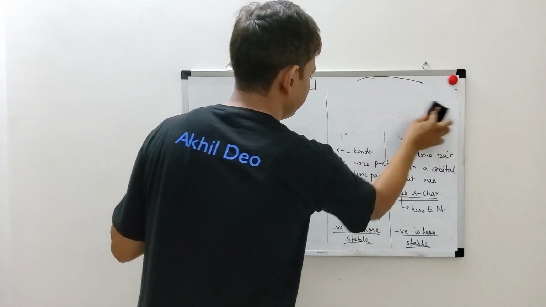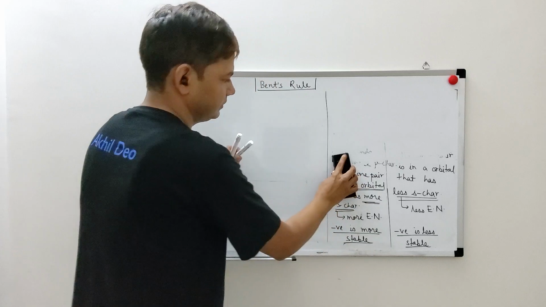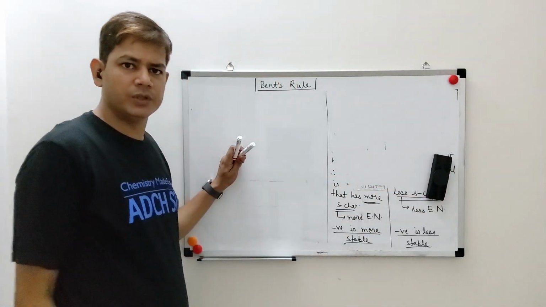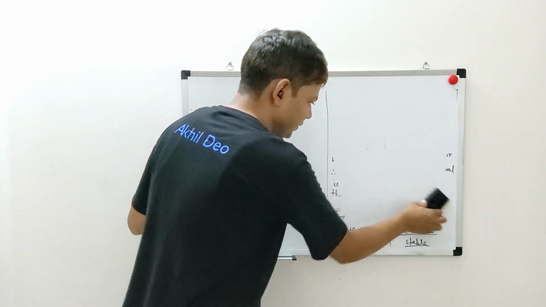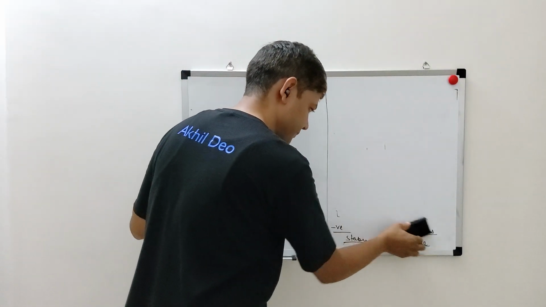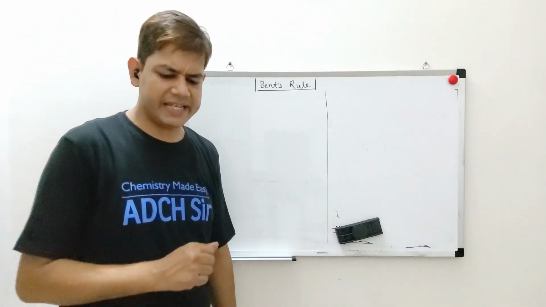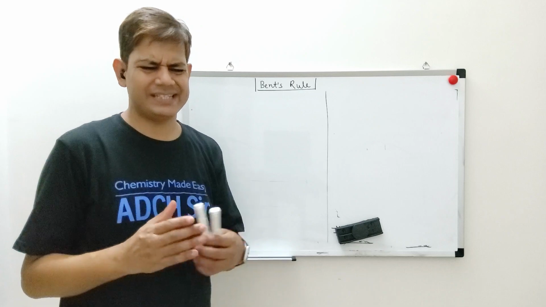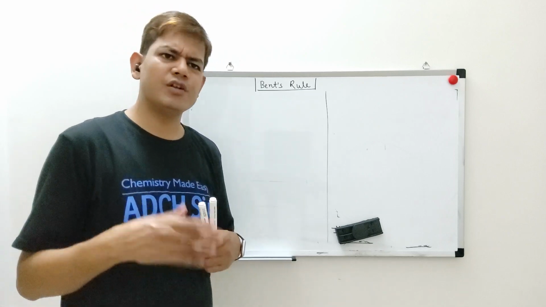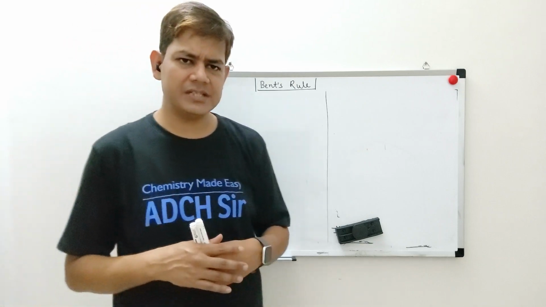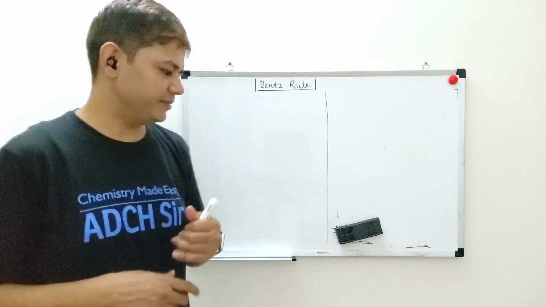The actual statement of Bent's rule is: whenever we have a central atom that is bonded to two or more different surrounding atoms, and the hybridization involves only s and p orbitals. Normally, it is defined for hybridization involving only s and p orbitals. Sometimes we also apply it for hybridization involving d orbitals, but it makes more sense to apply it to hybridizations involving s and p orbitals.